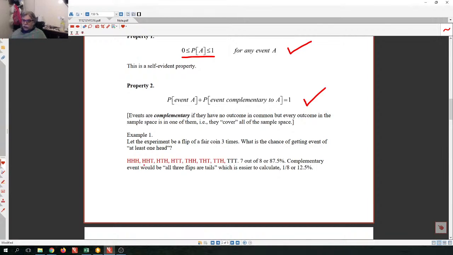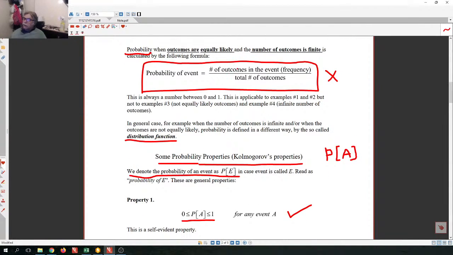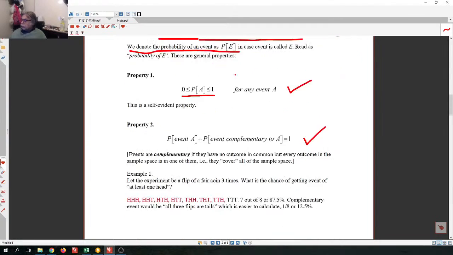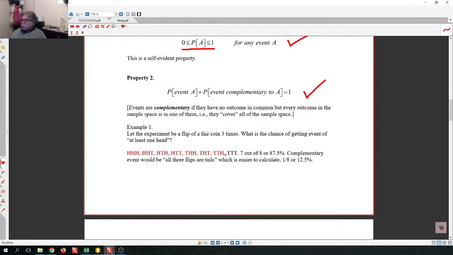These are all equally likely, and there are 8 of them. So we can use the formula. And the formula would tell you that the chance of having at least one head would be 7 out of 8, or 87.5%.